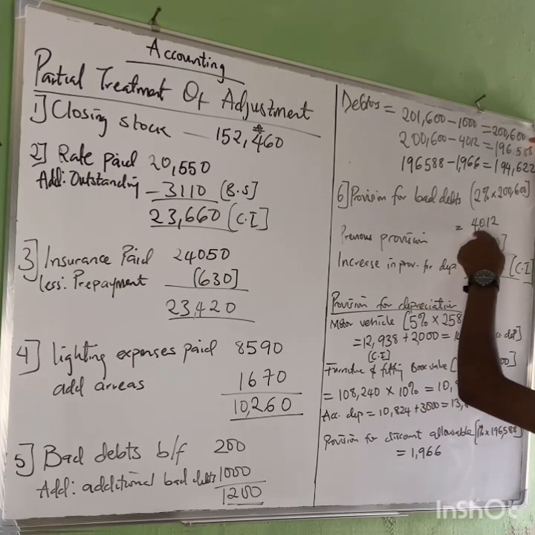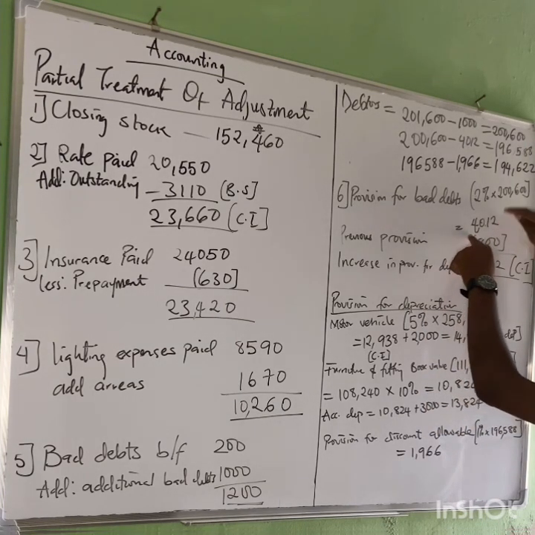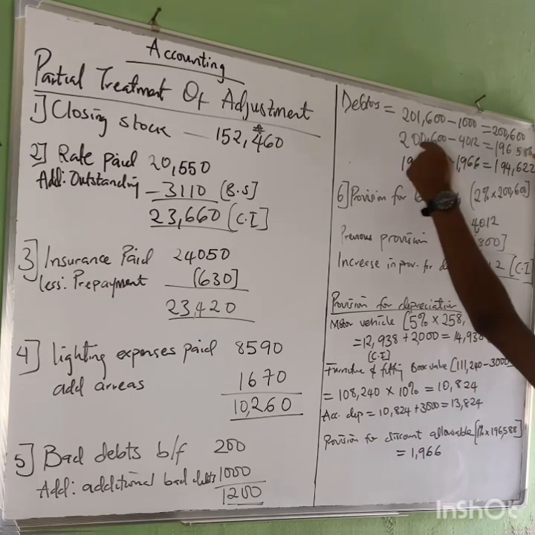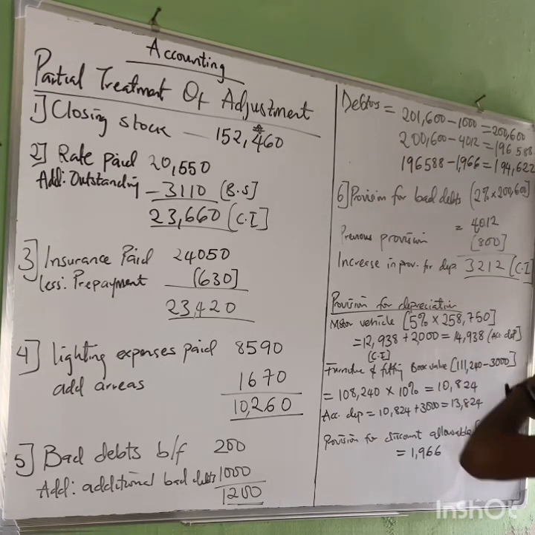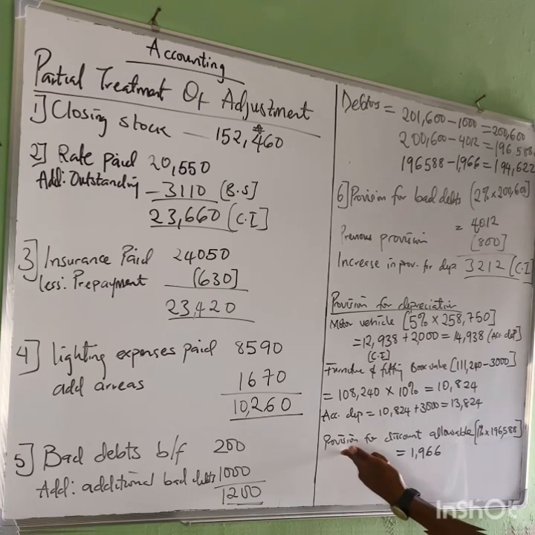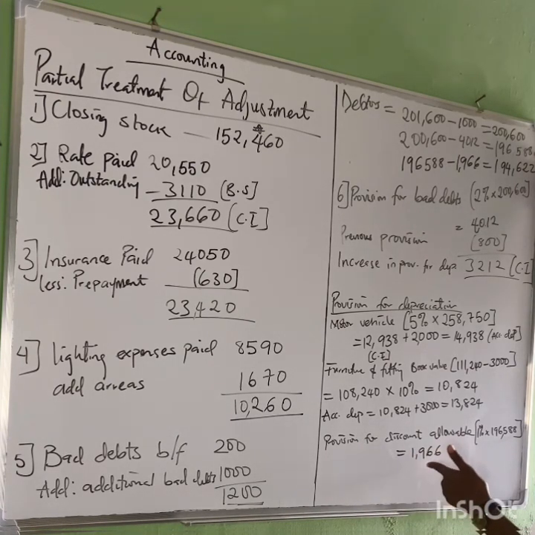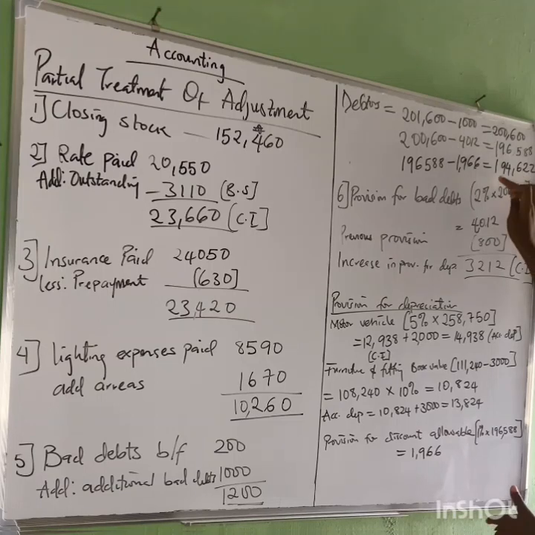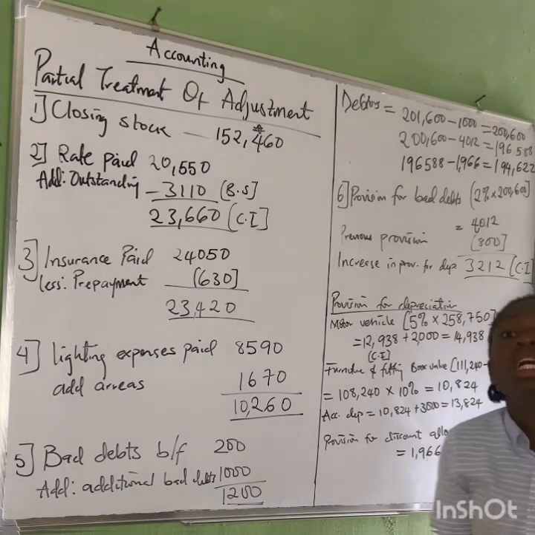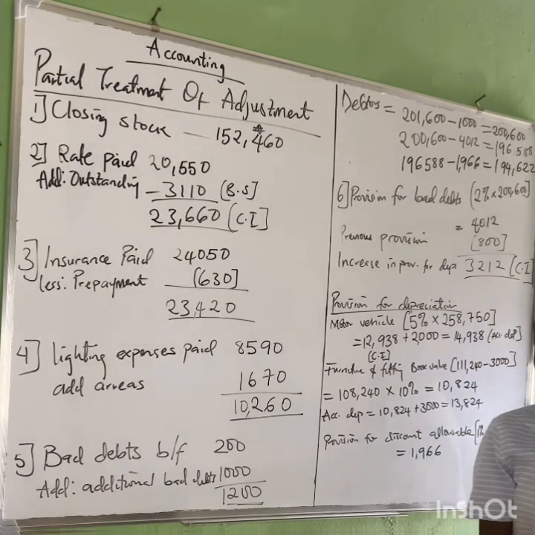When we had a new provision, we adjusted for this provision, and then we less this from our debtor's value, right, to get this amount. And then we also adjusted the debtor's value because of the discount allowable. So this is the net amount that we'll be treating as debtors in our statement of financial position.